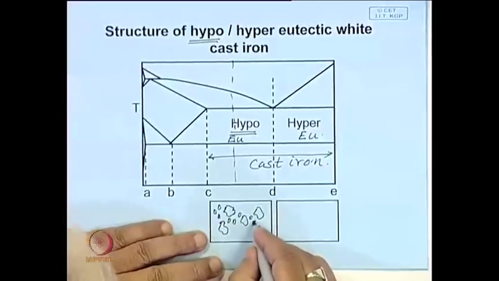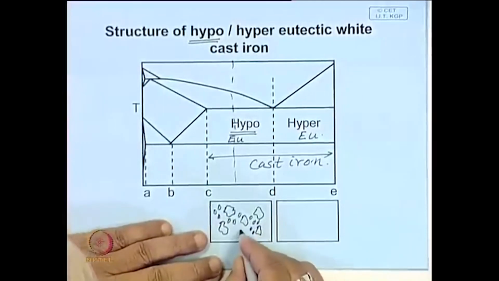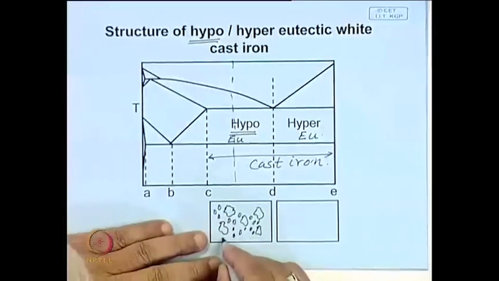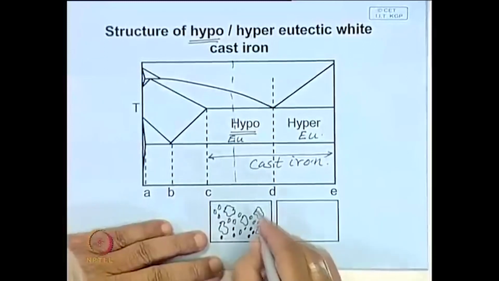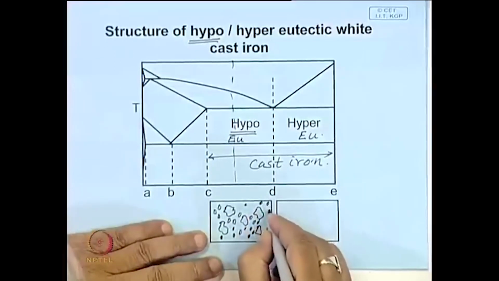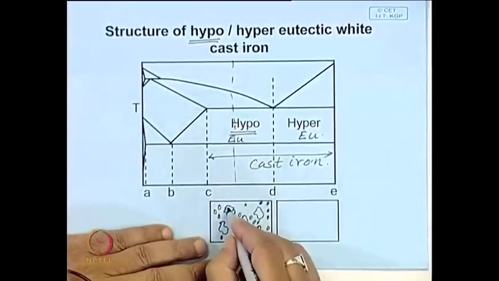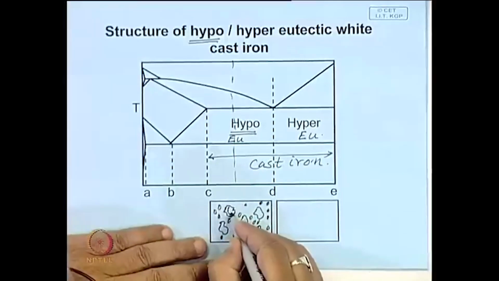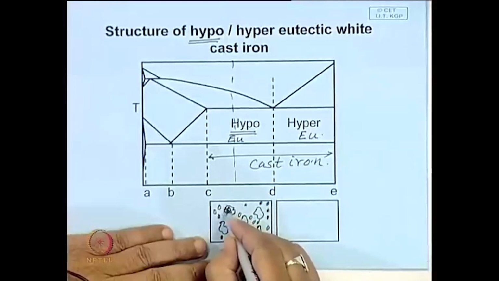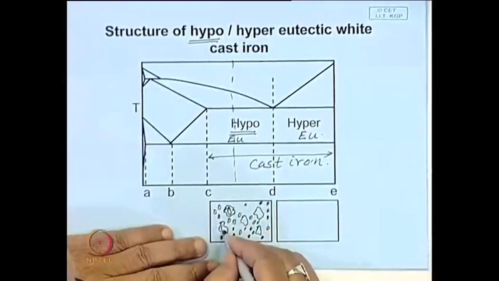So, ledeburite structure will form, and as you cool further, this austenite will shrink and some cementite will precipitate out.